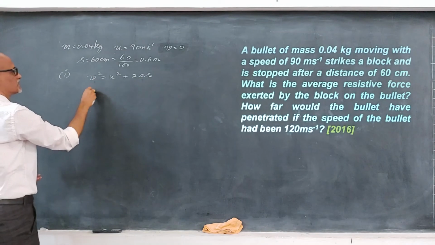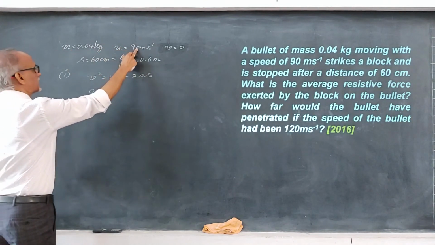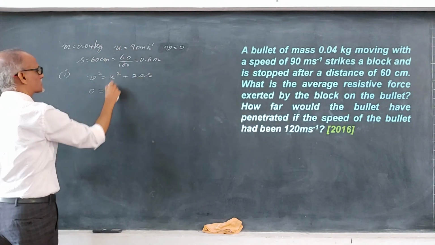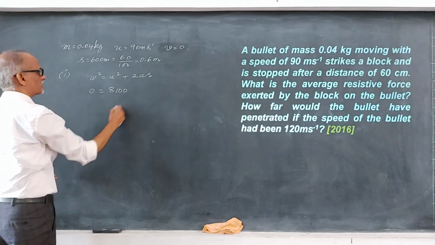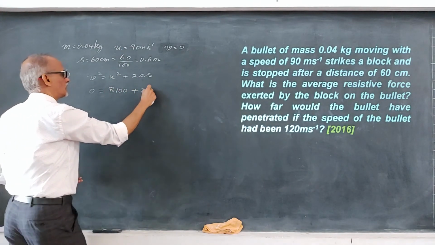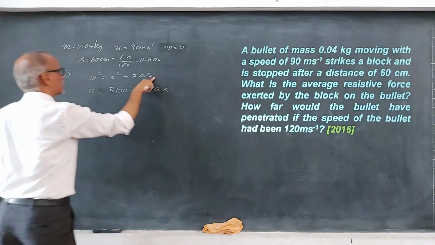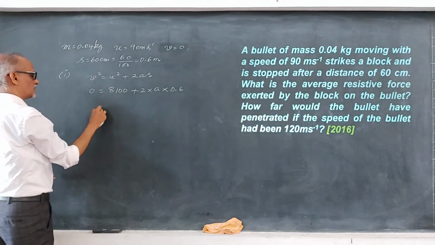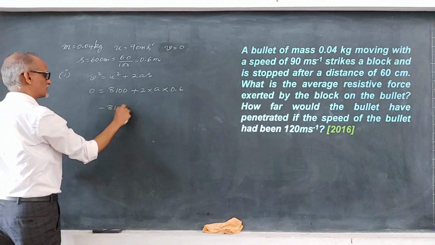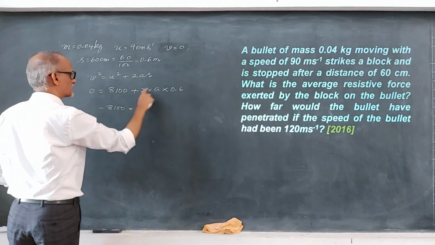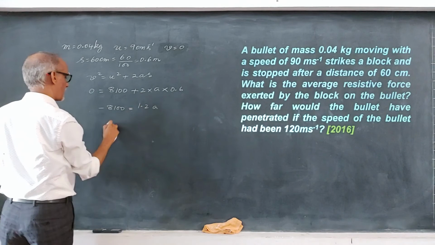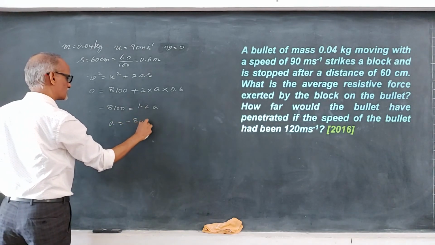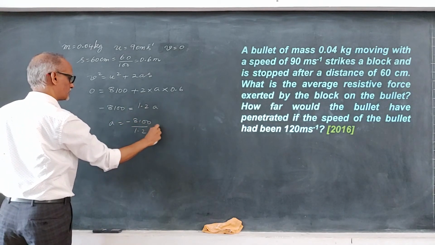Final velocity 0, initial velocity 90, the square of it, so 9 square is 81, so 8100, plus 2, acceleration to be calculated, distance s is 0.6. Bring this to the left: minus 8100 is equal to 0.6 into 2, which is 1.2a, or a is equal to minus 8100 by 1.2.